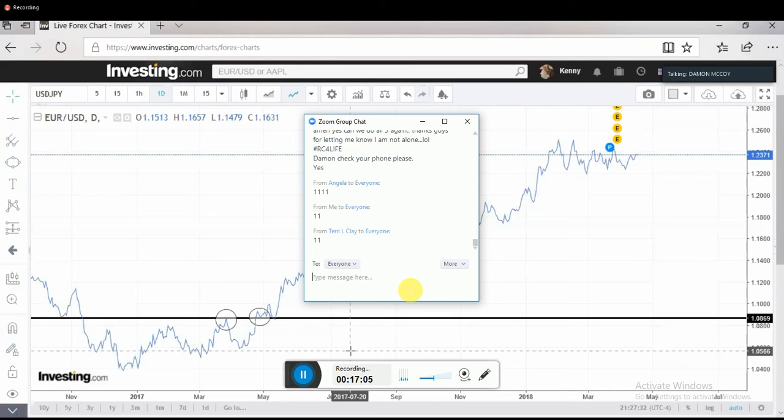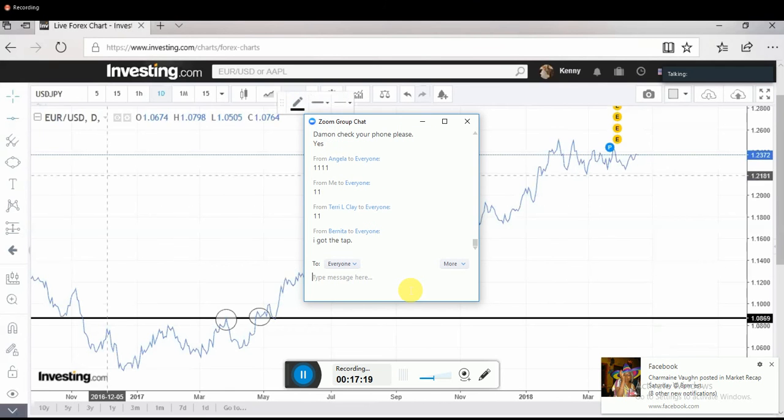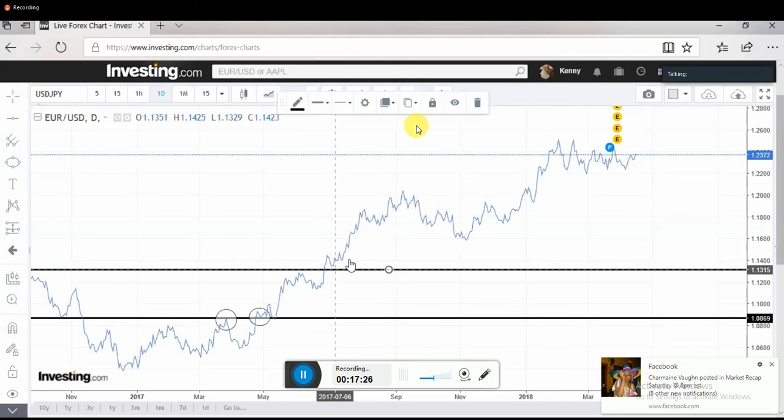So we got the tap knocked out, and we got the overlap knocked out, and then y'all can see the gap. We can move forward. And here's the gap.